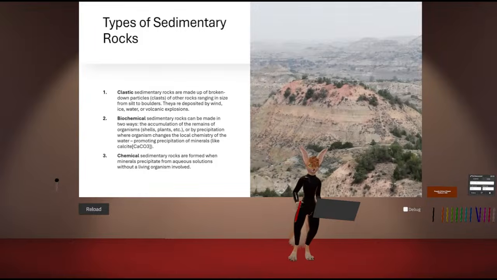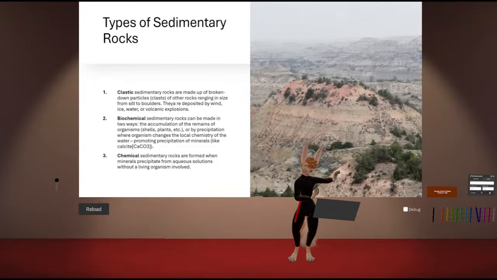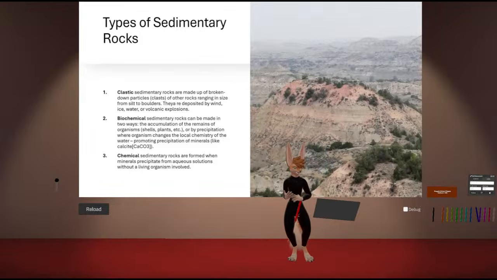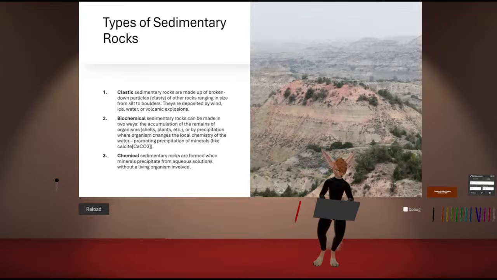That's pretty much the end of the igneous rock section. The later sections are going to be much shorter because we're going to be talking about sedimentary rocks and metamorphic rocks. Now, sedimentary rocks come in three types: clastic, biochemical, and chemical.